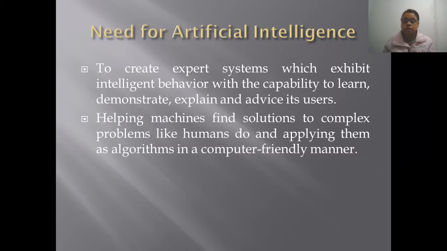Through some planning, through some strategy which we are following, or after maintaining some protocol also. So to find the solution for these complicated problems, there is a need for artificial intelligence, right?